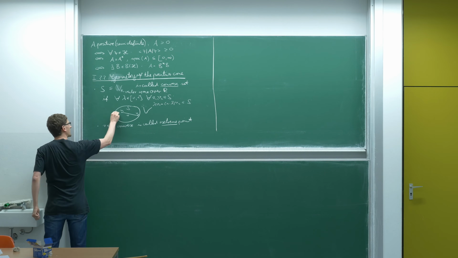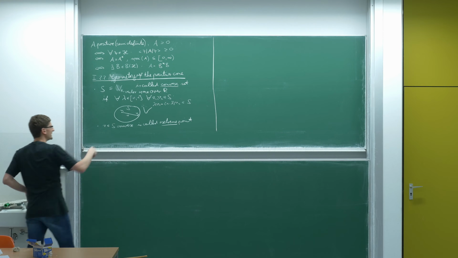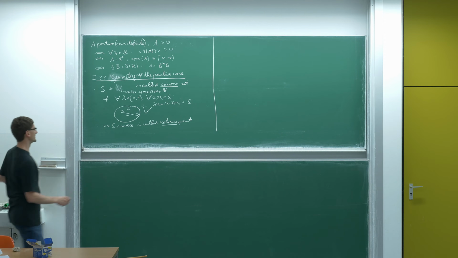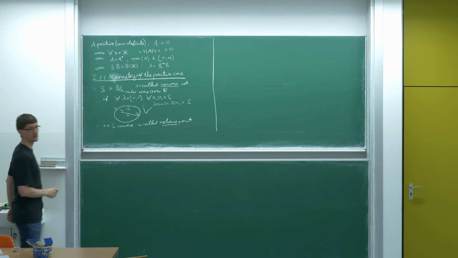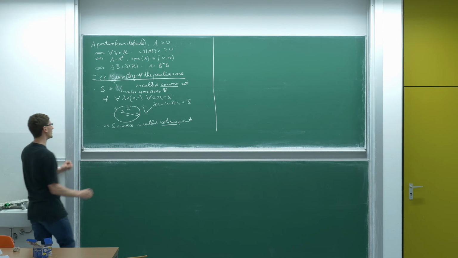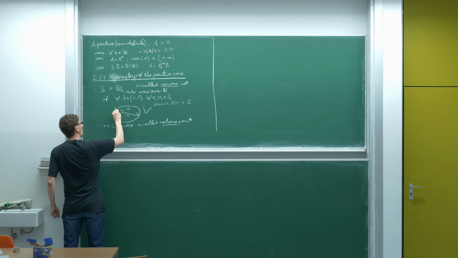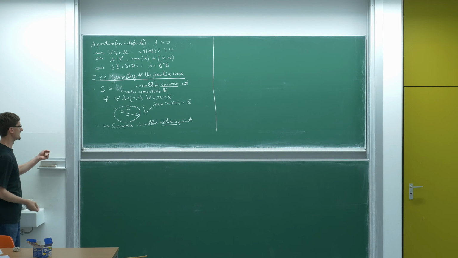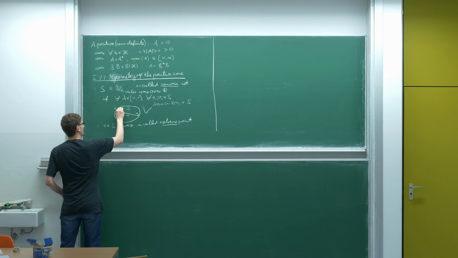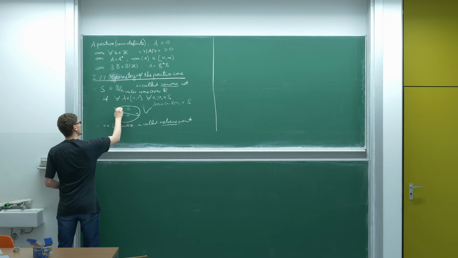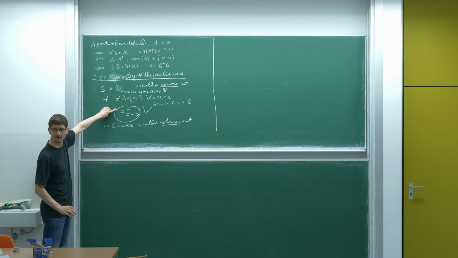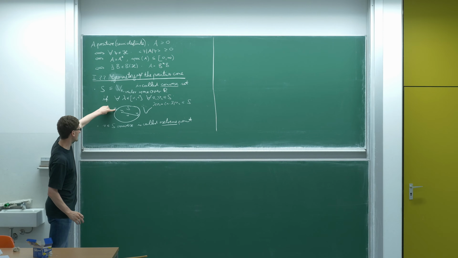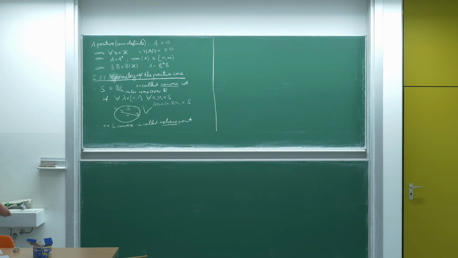For example, if the boundary of the set is curved, and you have a point V on the boundary, then the only way to decompose this point as a convex combination of two other points is... I mean, if you take any two points which are inside S, you will always miss the point V. I hope this makes sense. So this point V would be an extreme point.